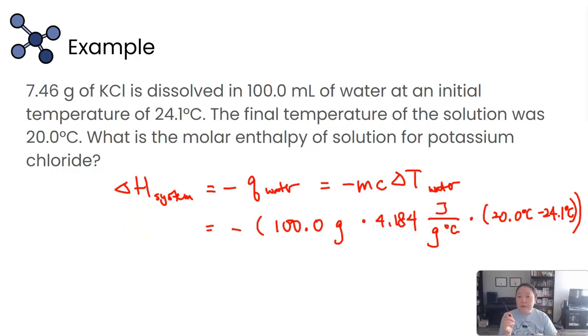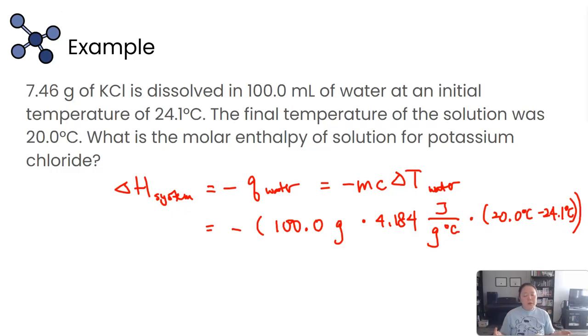Another thing you might notice if you're a very detail-oriented person is there are a lot of shenanigans going on here. First, it said 100 mL of water, and yet we're using 100 grams. What's happening with the KCl and the mass of that? And if you mix water and KCl together, you're not going to have water anymore. Does the specific heat capacity not change if that's the case?